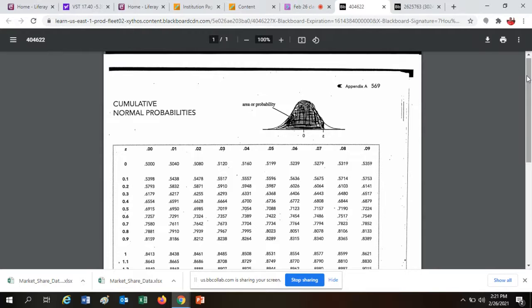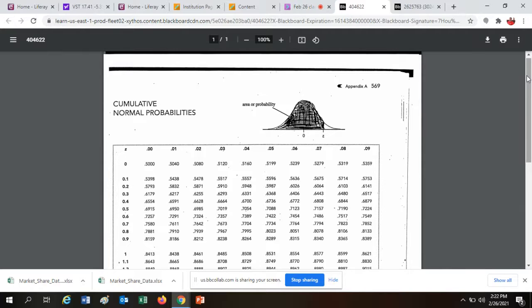Yes, sir. Okay, super. So this is the normal table that's one of the 2 that is in the back of your book. This is the second of the 2, actually. It is the one on page 569. And I'm going to walk you through here how to read this table.